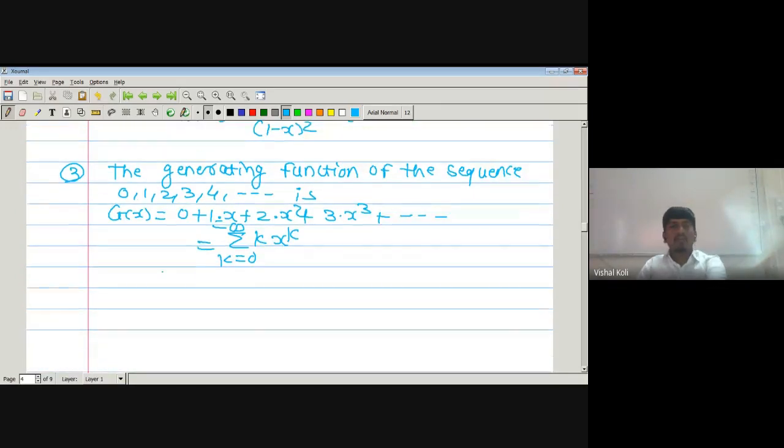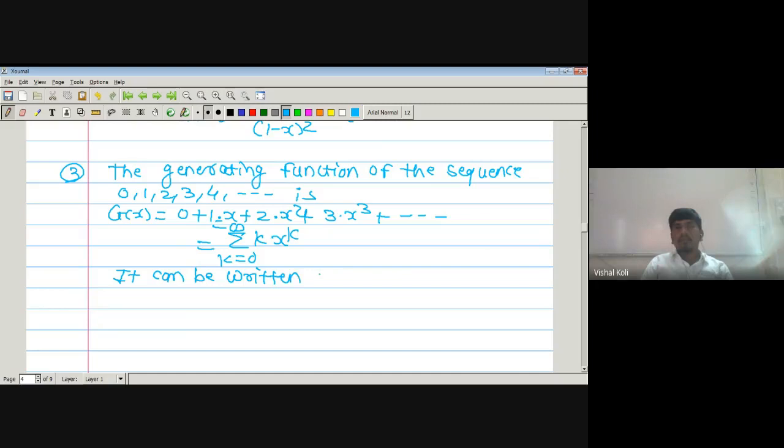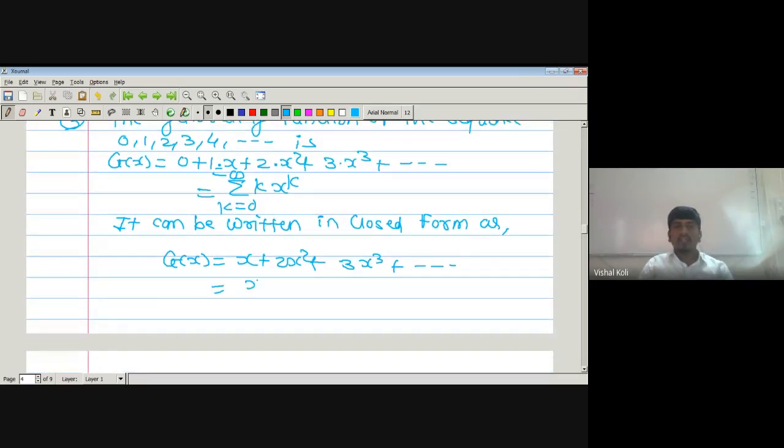Okay, and this can be written in closed form as follows. Here g of x is nothing but x plus 2x square plus 3x cube plus up to so on. From this, you take common the term x, since x is common in all those terms, which gives x into (1 plus 2x plus 3x square plus up to so on).